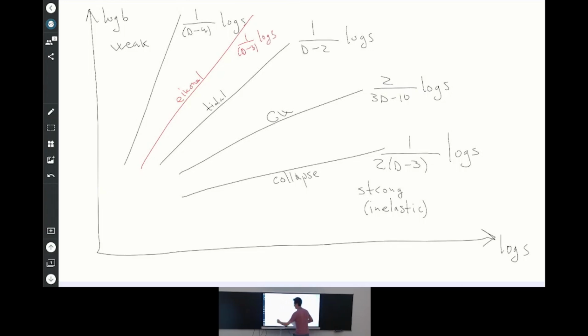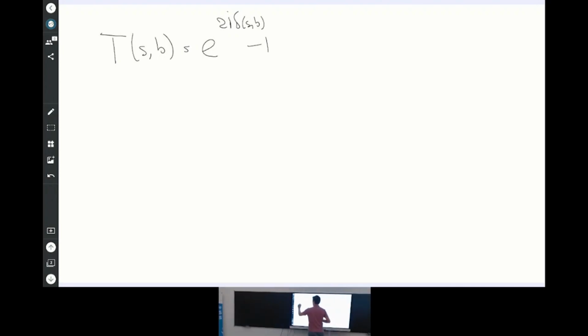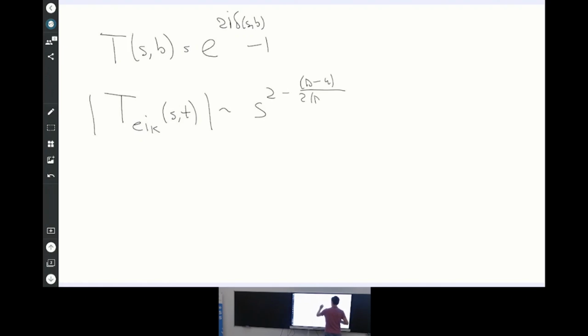So this was the picture, and the formulas attached to this picture were as follows. We consider scattering in the impact parameter space, and here we can write it as 2i delta minus 1, this phase shift. Then we discussed that on the eikonal saddle, which we can compute, the amplitude behaved as 2 minus d minus 4 to d minus 3.